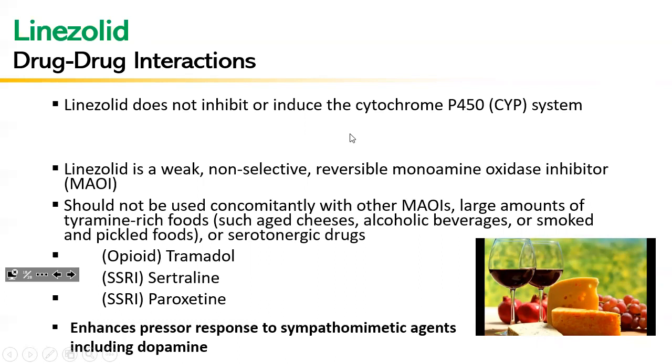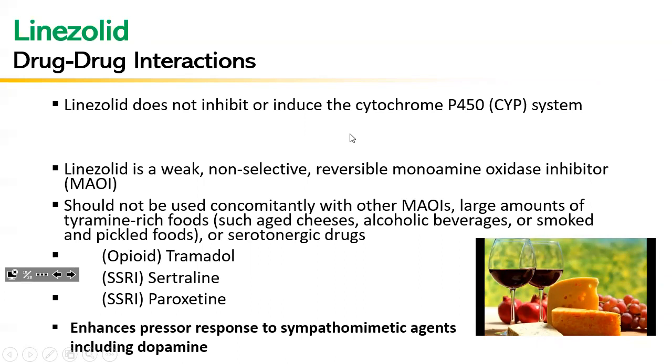Even norepinephrine might not be broken down, because some of the norepinephrine is broken down by the amine oxidase. So that will keep the patient in a high sympathetic surge, and the patient might manifest the symptoms we just discussed a while ago: tachycardia, seizures, high blood pressure, which could be secondary to the use of linezolid.